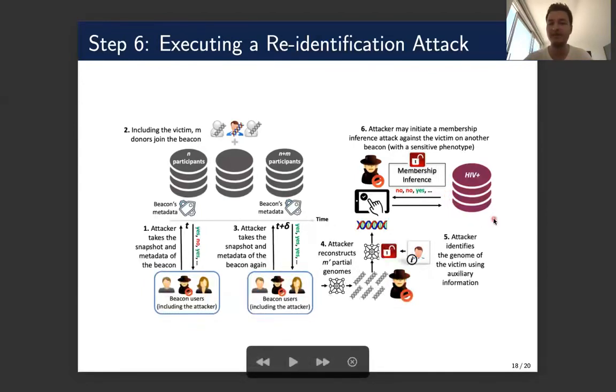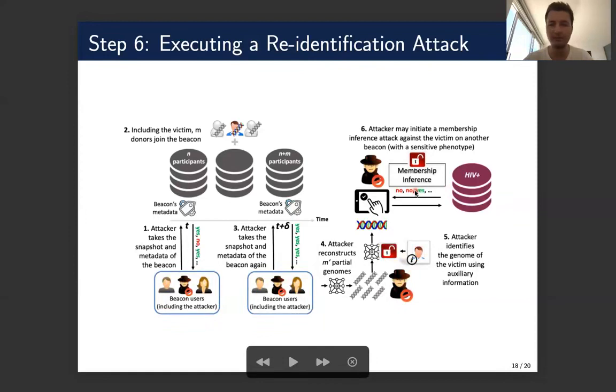There are beacons similar to that. And if the attacker understands that our victim belongs to that HIV beacon, for example, the attacker can infer that this person has the HIV disease.